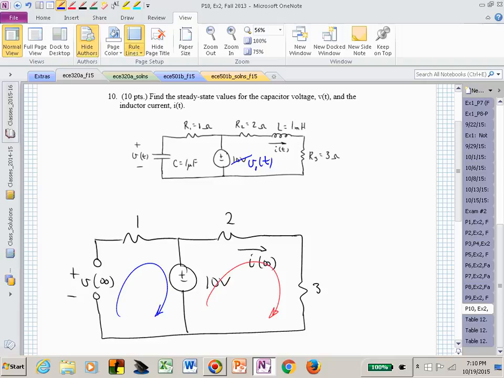So it depends on what you're writing, but you could write 2 KCL equations. You could write 2 mesh equations, but that's what you would need in order to solve the differential equation for this. You could Laplace transform that and then use the final value theorem. That's overkill for this problem.